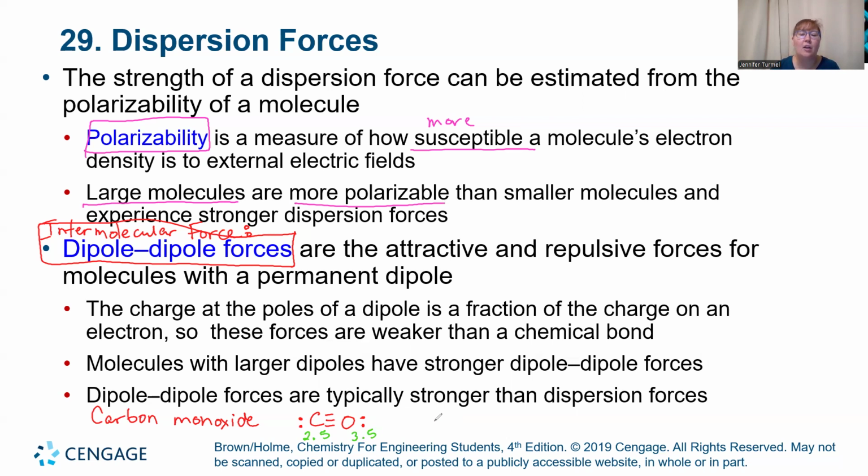So what we have here is a carbon-oxygen with a delta positive here and a delta negative here. And so that makes it very easy for them to link up. So you'll end up with this dipole force here that's linking your delta positive with your delta negative.